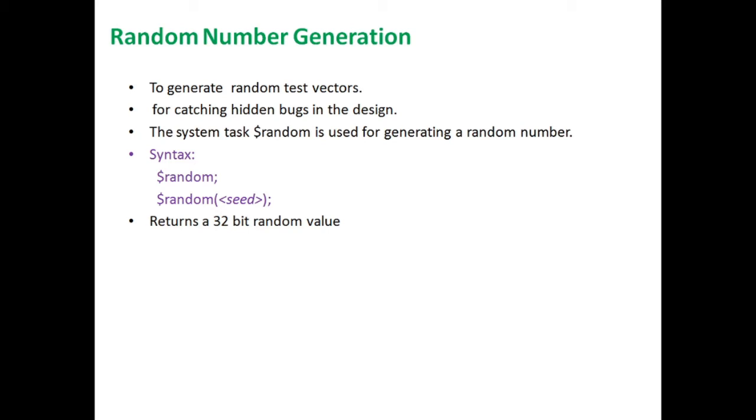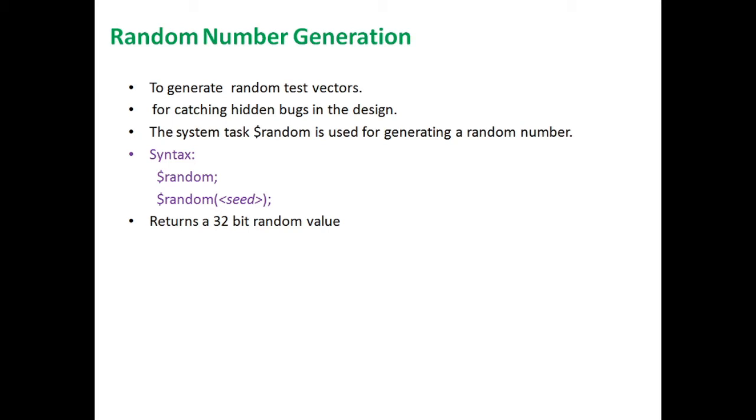If I had applied a skipped test vector, it may sometimes not give a correct output. That means an error is present in my design unit, which is highly avoidable. So for this purpose we go for random number generation.